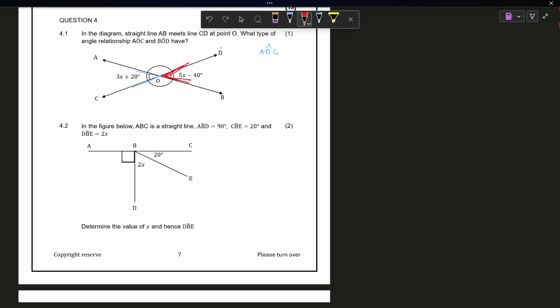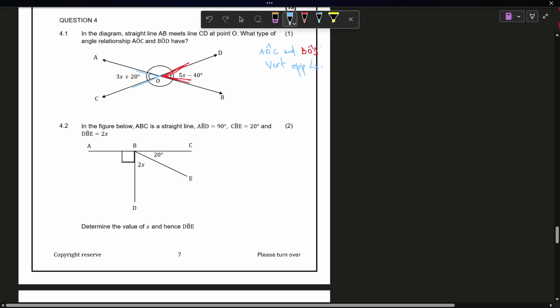Well, we know that angle AOC and angle BOD, what's the relationship here? These two, they are just vertically opposite angles. Vertically opposite angles, right?